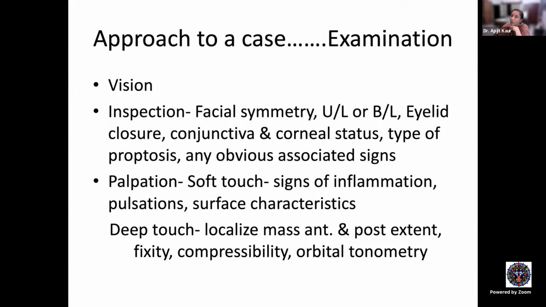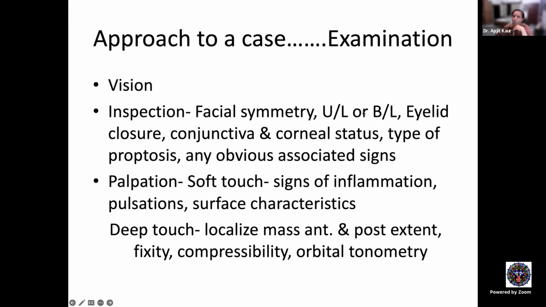Thyroid ophthalmopathy, orbital thrombosis, right? Then you look at the type of proptosis, whether it is axial, abaxial, pulsatile, non-pulsatile, all that you have to see. And then you look for any obvious associated signs.